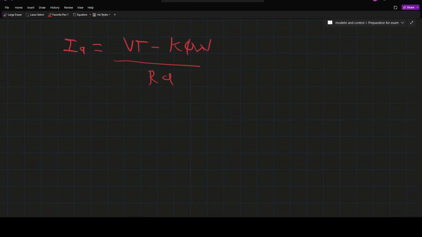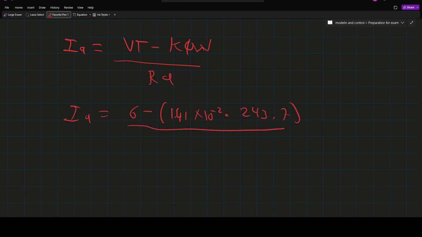Now we can say that this is equal to our VT that is given, 6, minus 1.41 times 10 to the minus 2 times 243.7, over 7, and we get our IA of 0.3557.